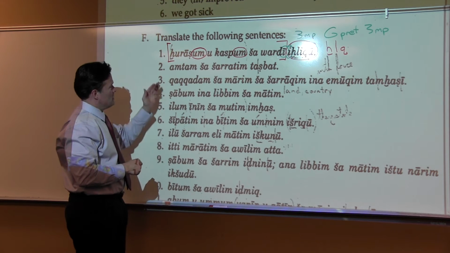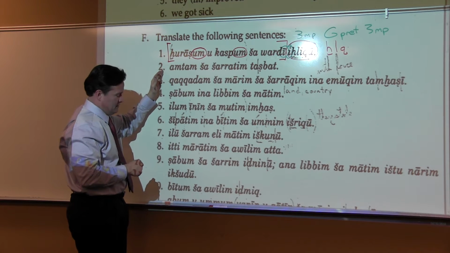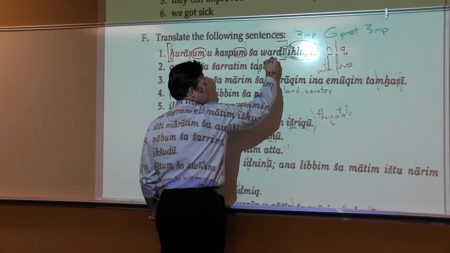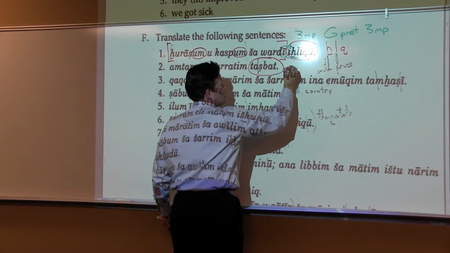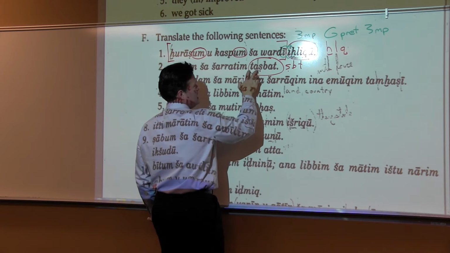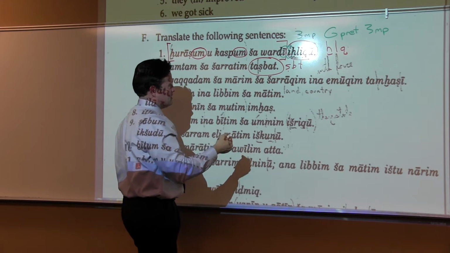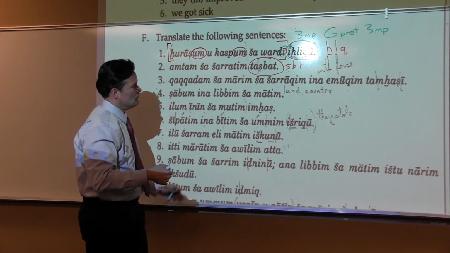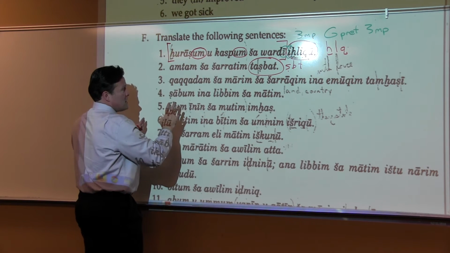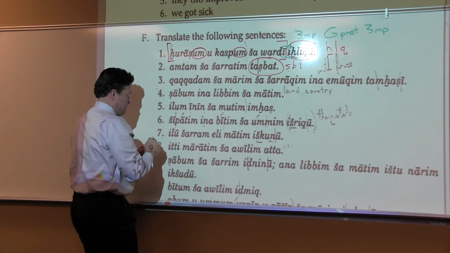Okay, number two. Amtam sharratim tasbat. The verb appears at the end. Tasbat is from the root tsade, beth, tet. It has a ta prefix, which is second masculine singular. You seized. Now the object is marked by am.